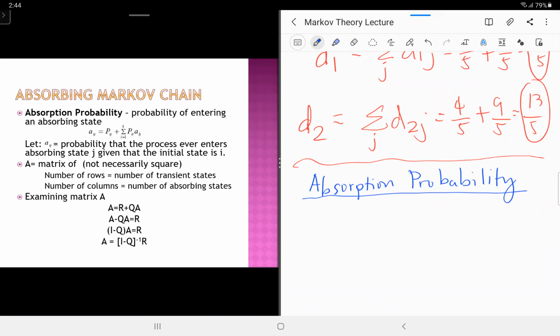So, which means that, okay, this is again, just as I mentioned earlier, your iterative formula, okay? And for you to calculate the absorption probability, you're calculating the probability that you will enter an absorbing state.